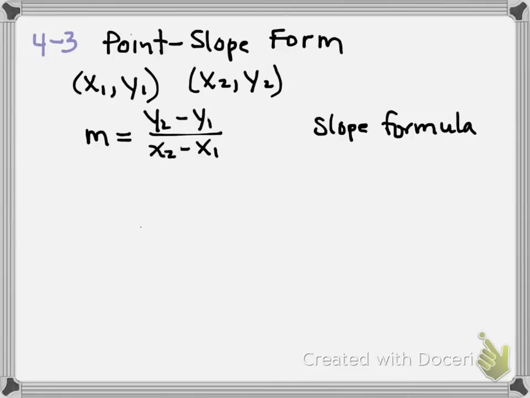What's happening to the y's at this point, Bryce? Yeah, they're getting divided by a difference in x's. Okay, so what's the opposite of dividing by the difference in x's?